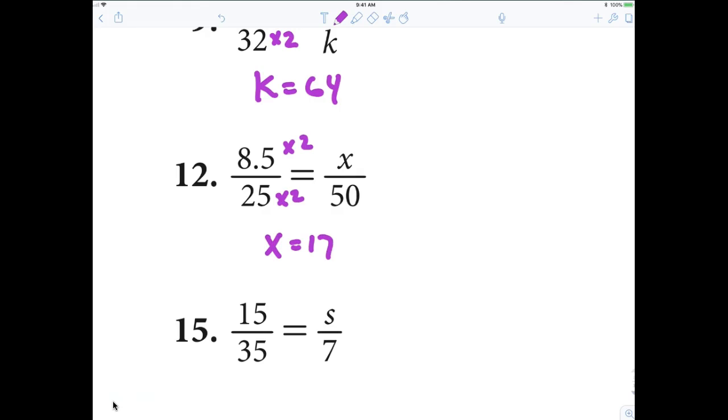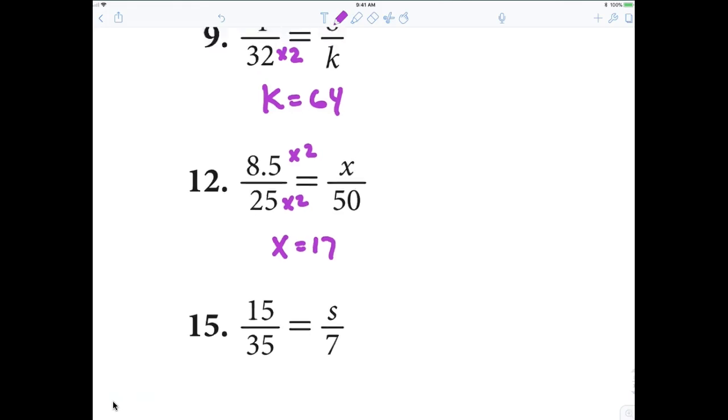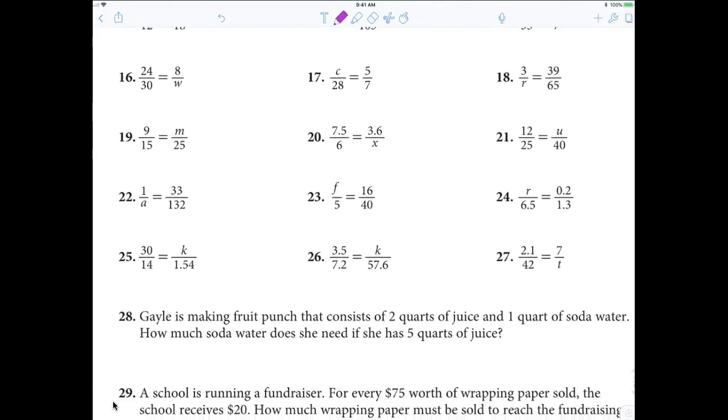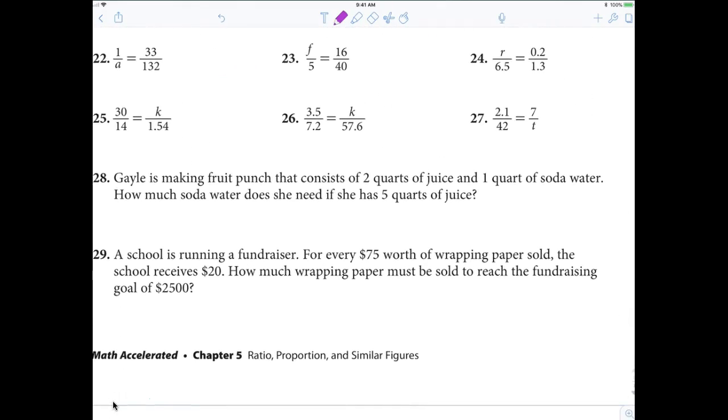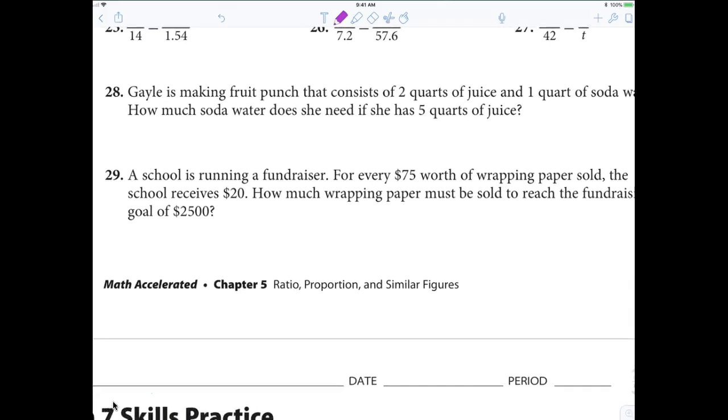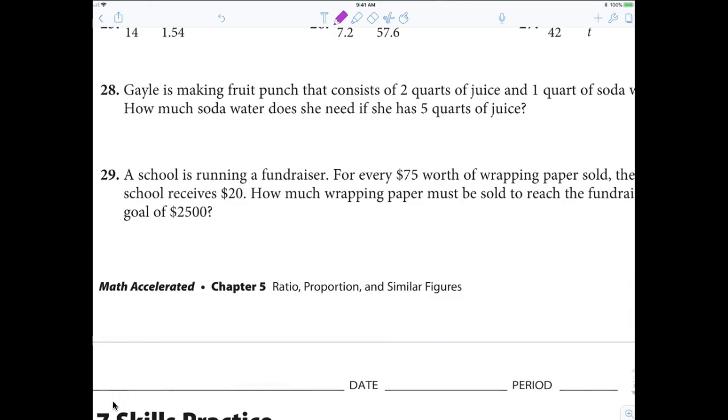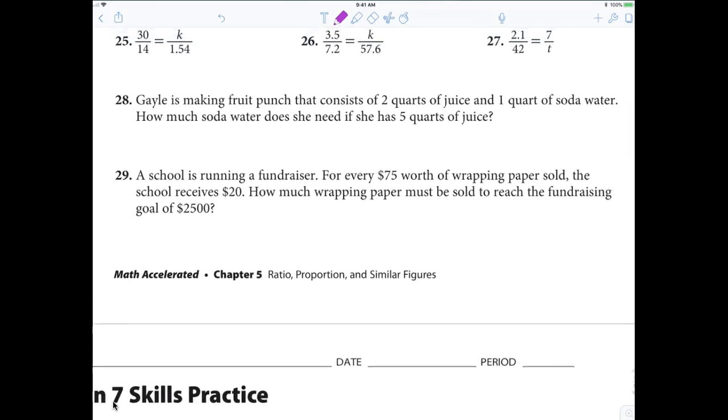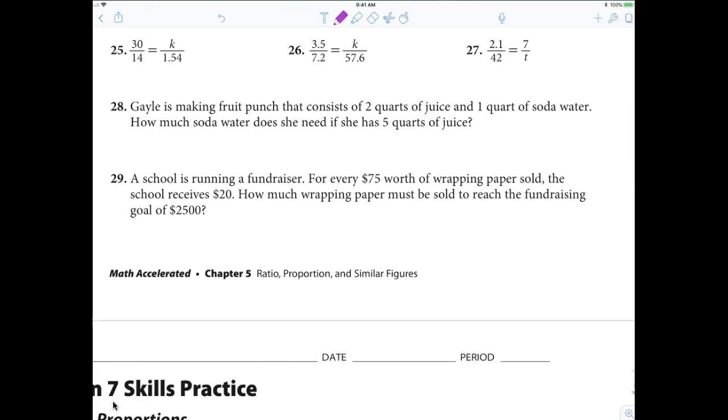All right. So listen, you're responsible now because it's so easy. Finish up both worksheets. Now, let me go ahead and jump to the word problem here, 28, just to make sure. All right, so let's everybody look at 28, and then I'll let you go. Everybody look at 28. It says Gail's making fruit punch that contains 2 quarts of juice and 1 quart of soda.